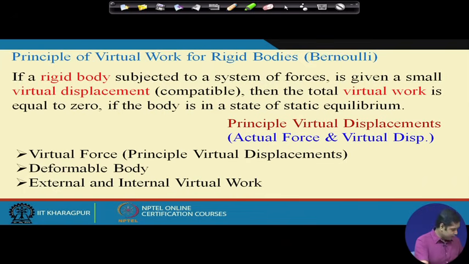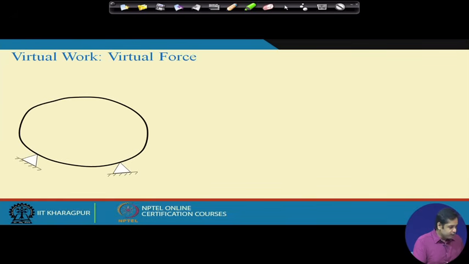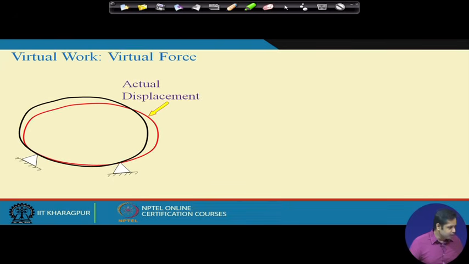Now, let us first understand what virtual work is, what a virtual force is, and the associated virtual work. Suppose we consider the same object, and for some loading condition the object undergoes deformation like this, and this deformation is the actual deformation.